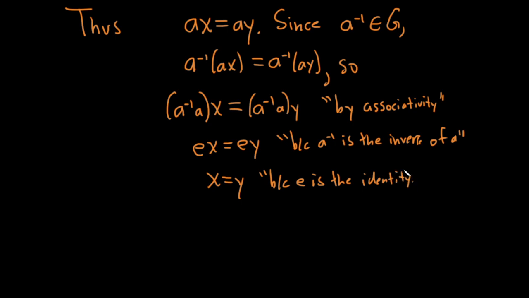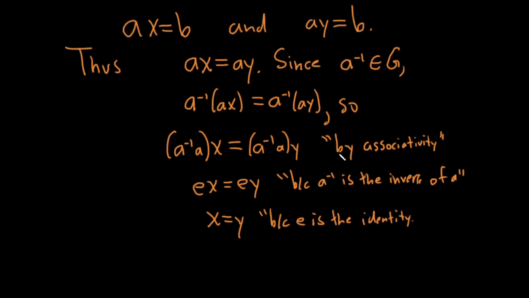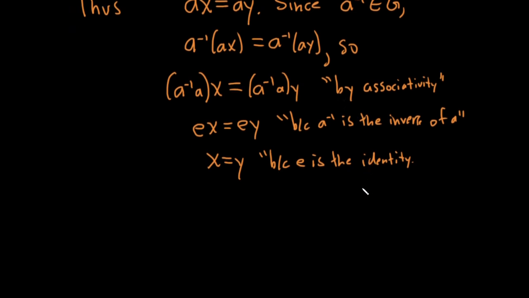So we've shown that whenever we have two solutions to this equation, they're in fact the same solution. So basically, we've shown there's only one solution. Thus, X equals A inverse B is the unique solution to AX equals B.